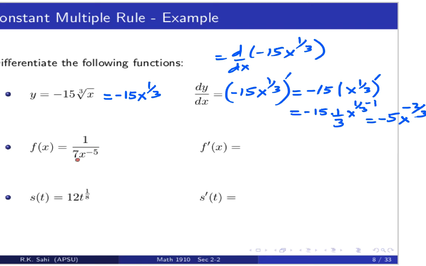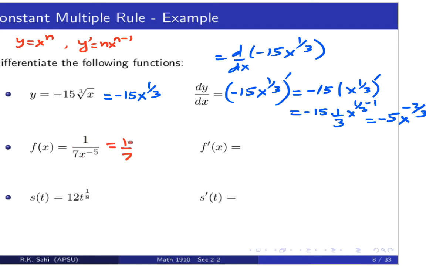Okay, let's look at the next problem. 1 over 7 x to the power negative 5. So this you have to remember, write it in the form. When you're applying, keep this in mind. Every time you start, if it's the first time you're doing it, keep this expression in front. y equals x to the power n, so y prime is n x to the n minus 1. Just remember that. So first of all, I'm going to write it in the proper form. This will be 1 over 7. It's a constant, so basically constant always pops out.